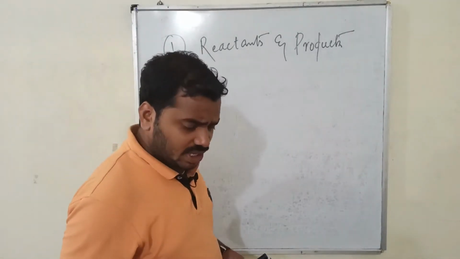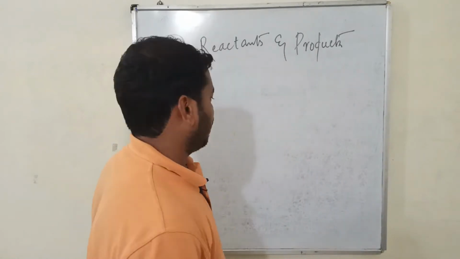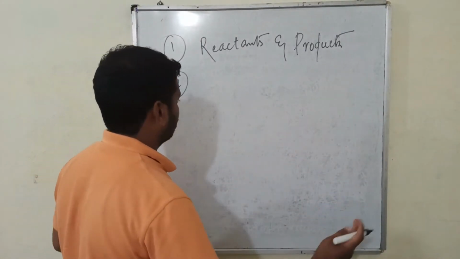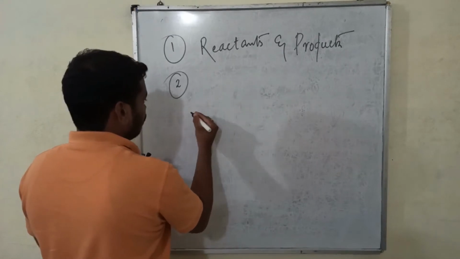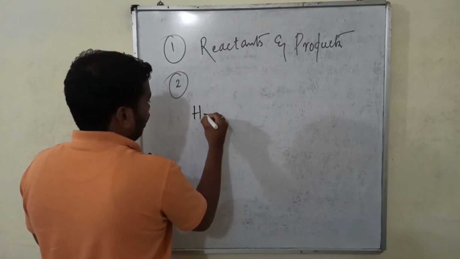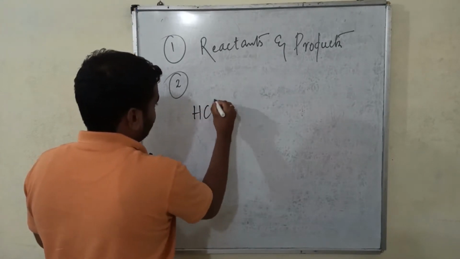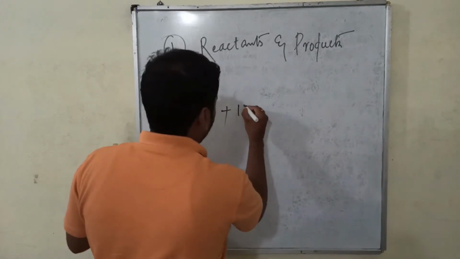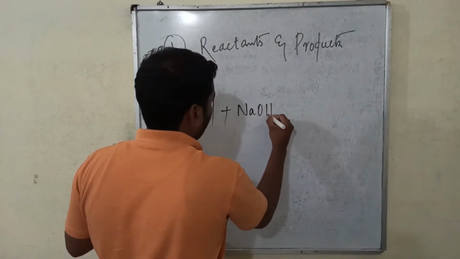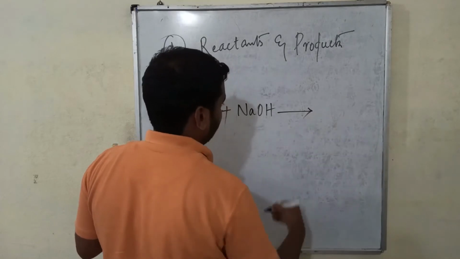Let us suppose you consider a reaction like this: HCl plus NaOH, a classic example of a neutralization reaction.